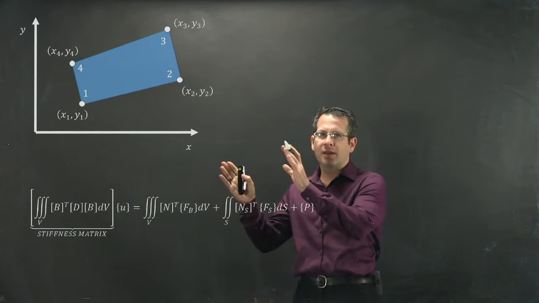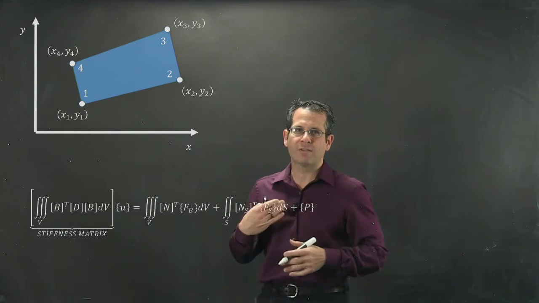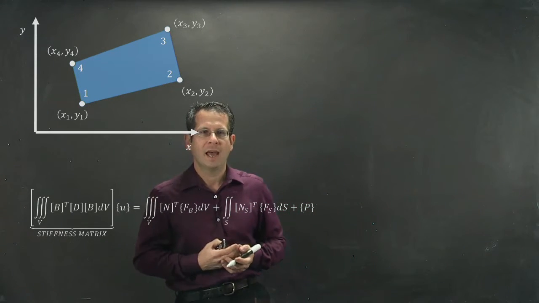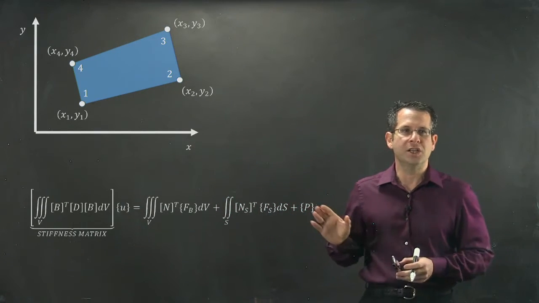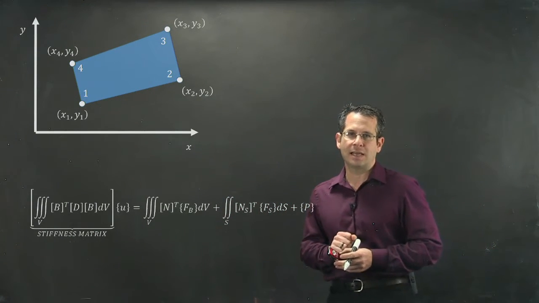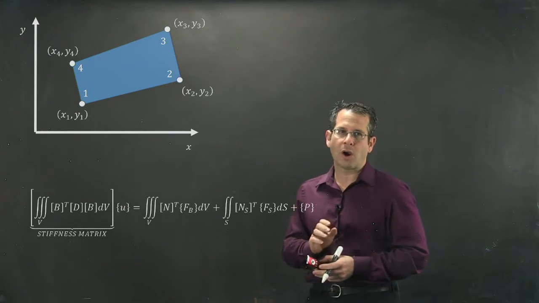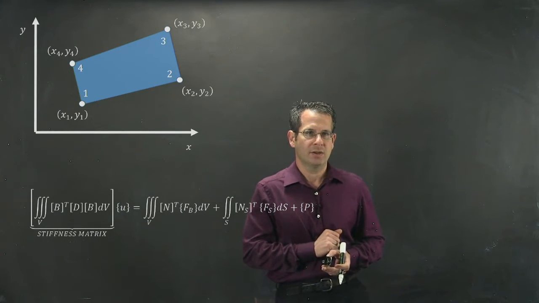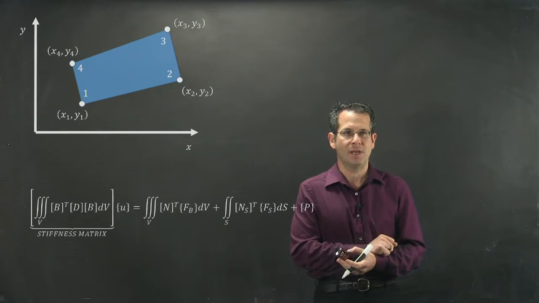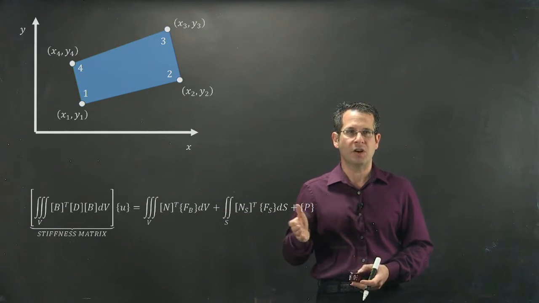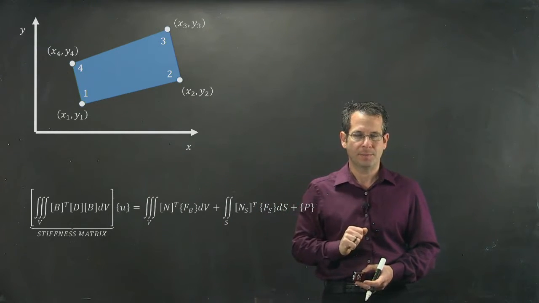I've placed up here a diagram of a general quadrilateral element, and I've also placed up here the final formulation that we found at the end of the last lecture for our 2D rectangular element. This same formulation can be used for the general quadrilateral element.